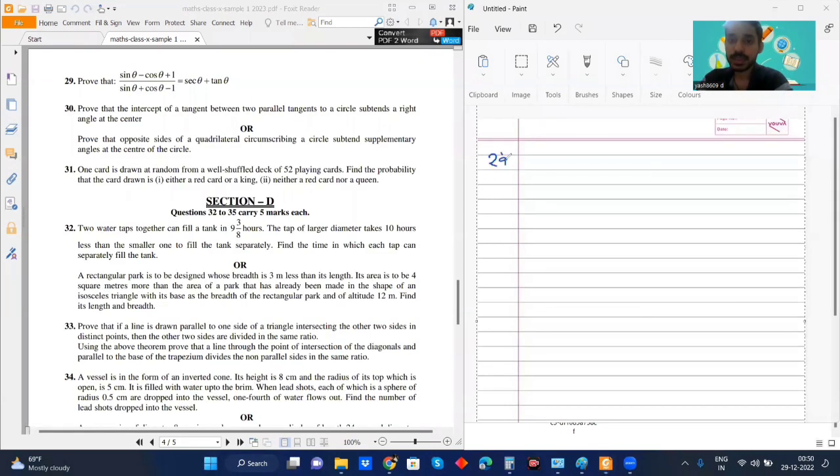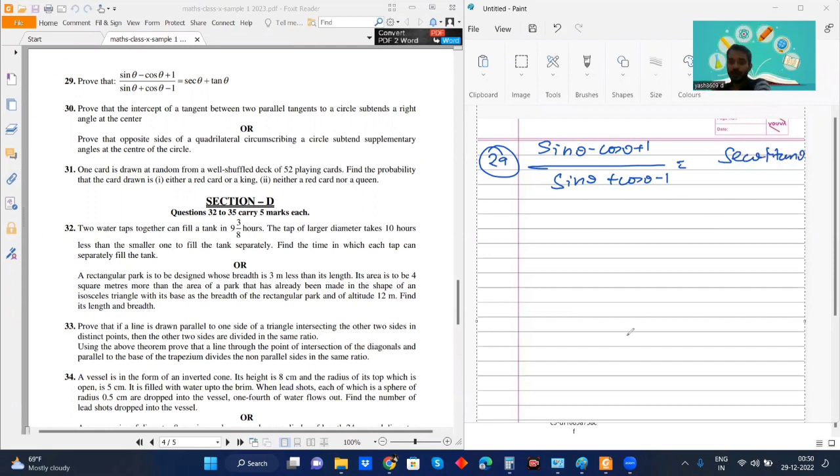Next, number 29. We have to prove that (sin theta minus cos theta plus 1) over (sin theta plus cos theta minus 1) is equal to sec theta plus tan theta. Now, I know that I want sec and tan form.